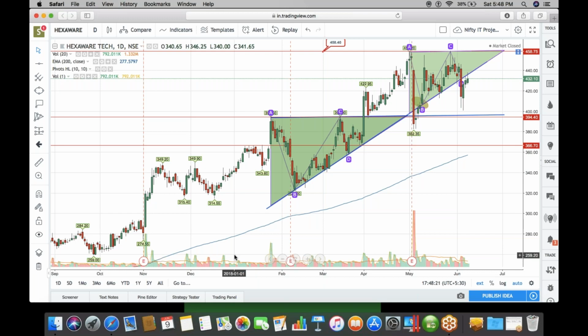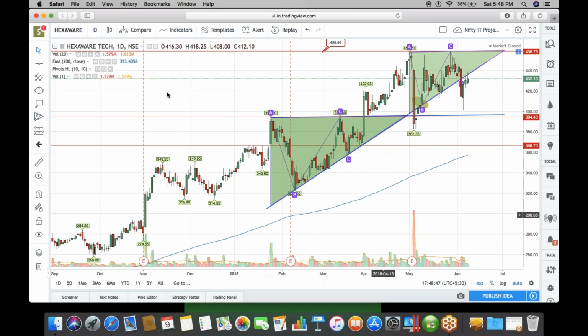However, prices need volume to go up. Just remember in your technical analysis that whenever prices have to go up, they need volume. When they have to come down, they don't need volume. They fall of their own weight.